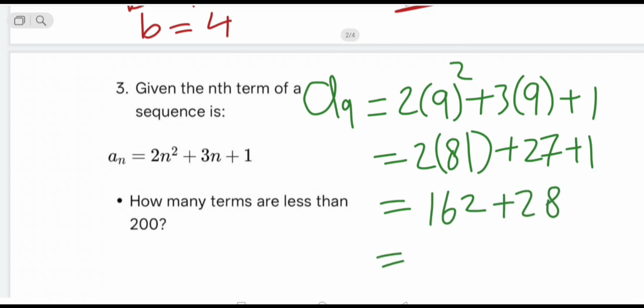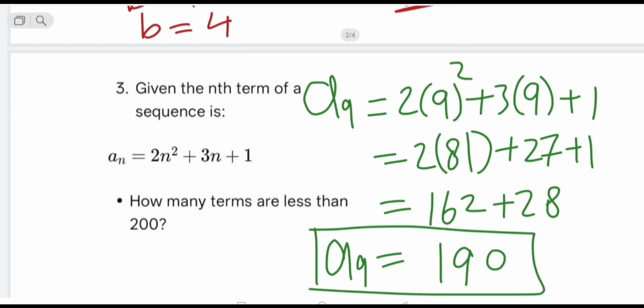So we will add: 8 plus 2 is 10, 6 plus 2, 8 plus 1, 9. So 190. The ninth term is 190, which is less than 200. We proved, we verified. So this is a way you can verify.